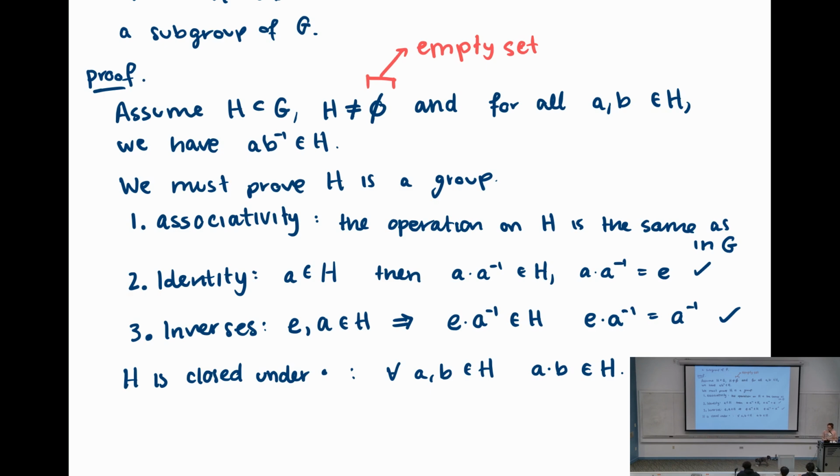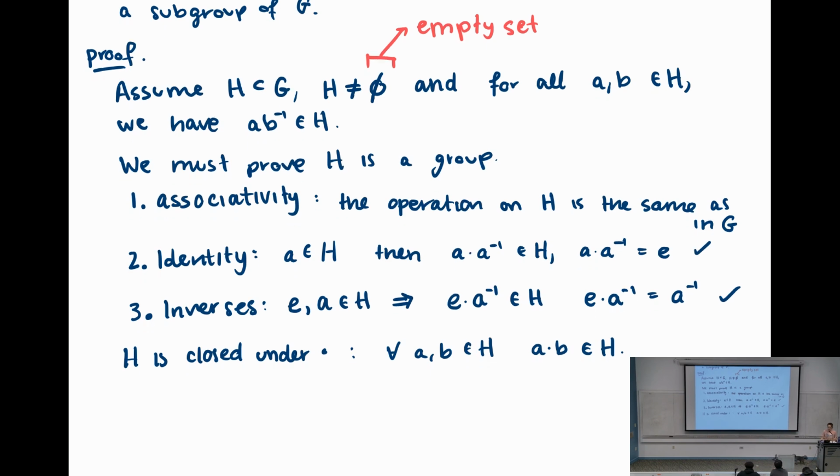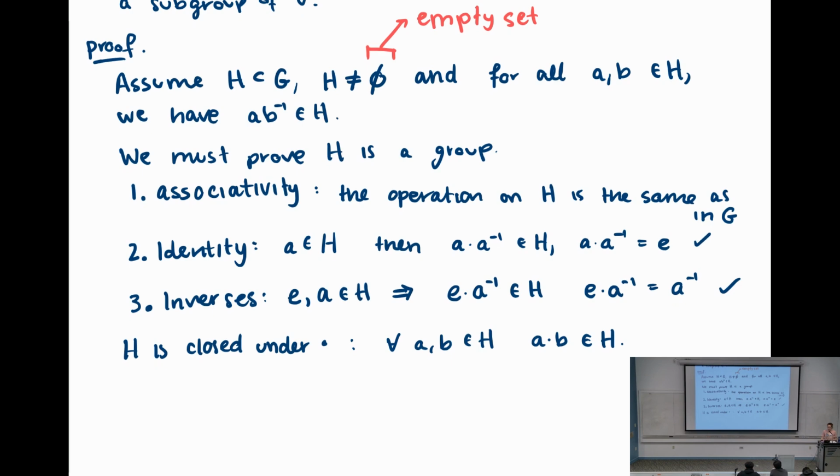But this is pretty easy because we've already shown that inverses are in H. If we let A and B be elements of H, then we know that B inverse is in H. Then applying our assumption to A and B inverse gives me that A times B inverse is in H.